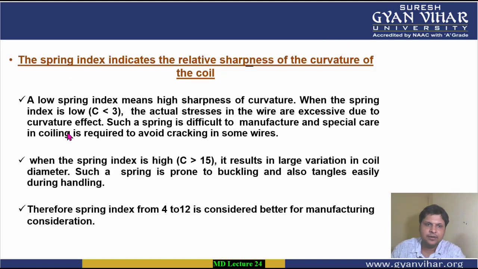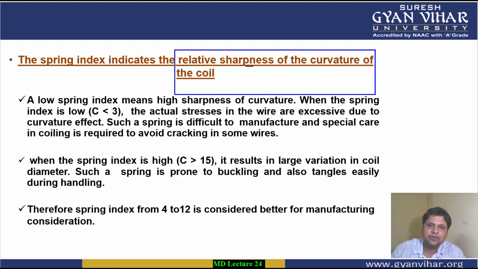Moving further, there are three conclusions taken out from the value of the spring index. Why is the spring index important? It is important because it indicates the relative sharpness of the curvature of the coil.